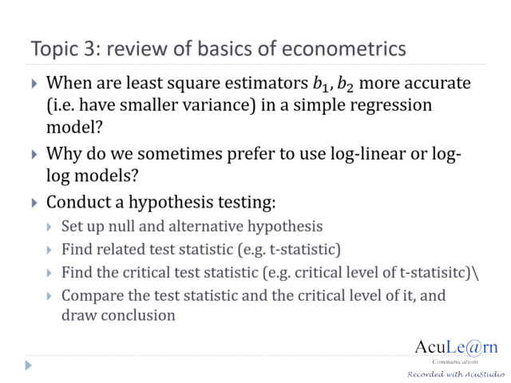Firstly, I want to emphasize that you don't need to be able to calculate how to estimate beta 1 or beta 2, or remember the equation for B1 and B2, but you should know when the estimators B1 and B2 are more accurate. You should understand that B1 and B2 are not two constants, they are actually two random variables, and there are some conditions for their variance to be smaller. This is just on the slides of the lecture.